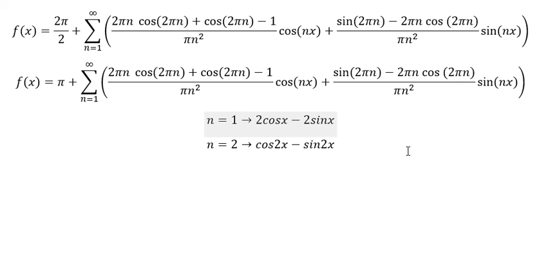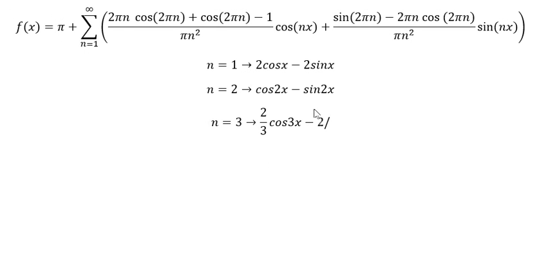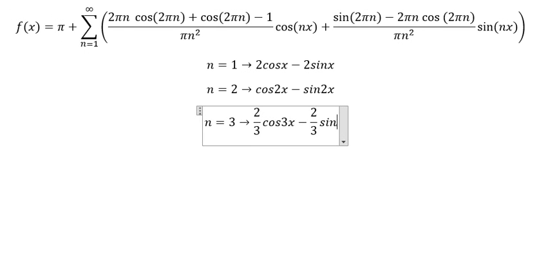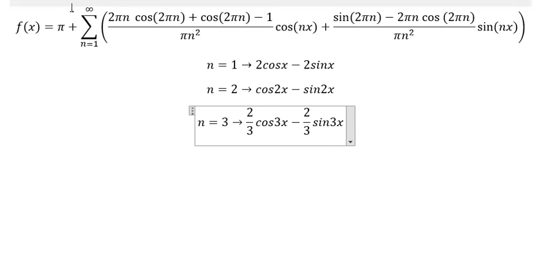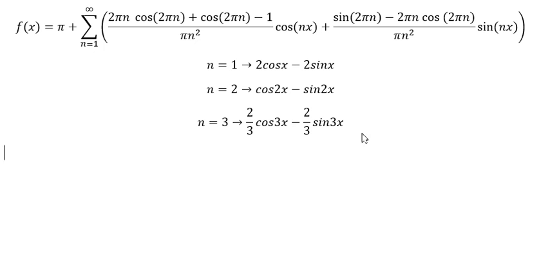So when n equals 3, this one we have 2 over 3 cosine 3s minus 2 over 3 sine 3s. So if we continue doing this way, we will have like this.